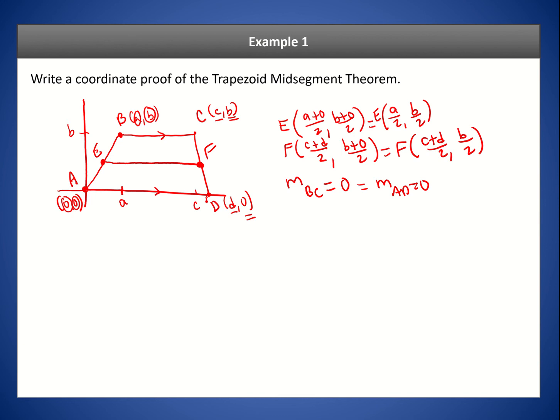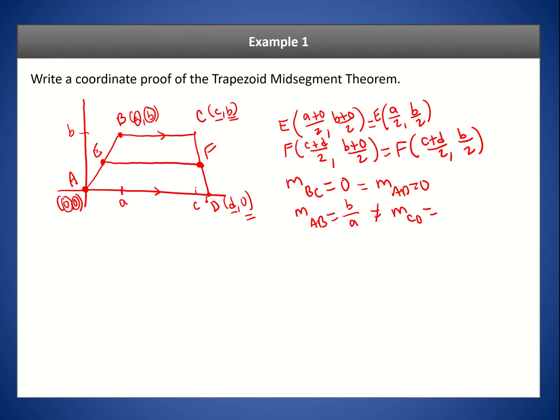We also know that the slopes of AB and CD are not the same. So the slope of AB is rise, which is B, over run, which is A. And that's not equal to the slope of CD. The slope of CD is down.